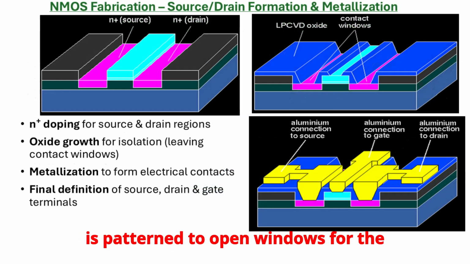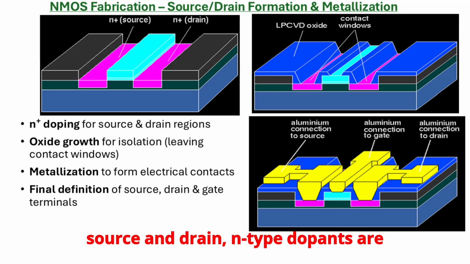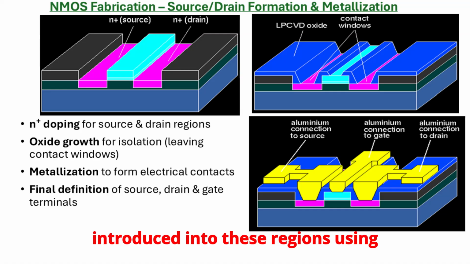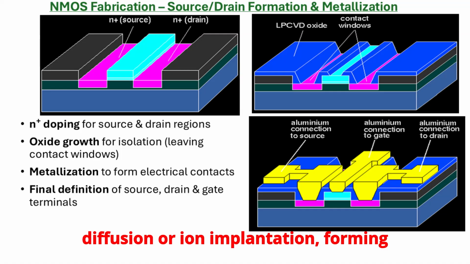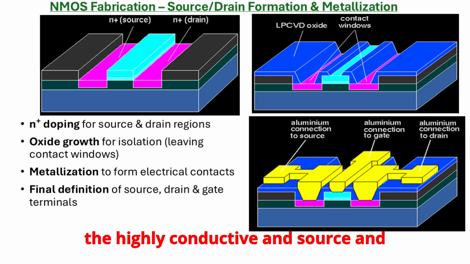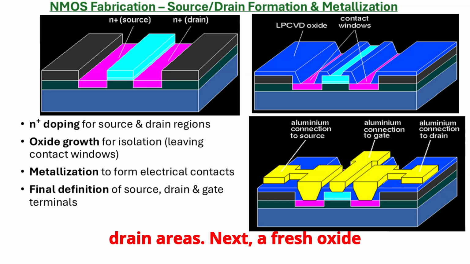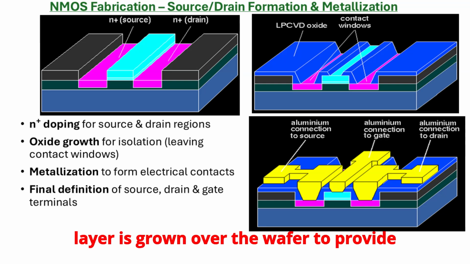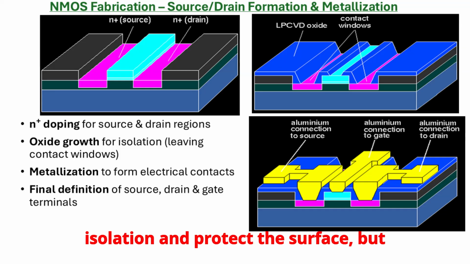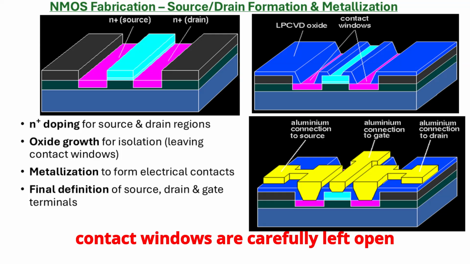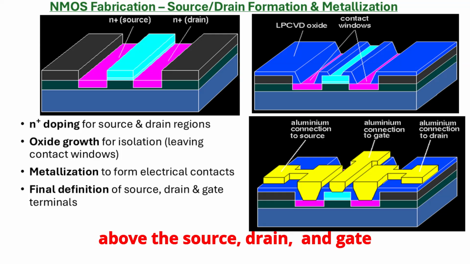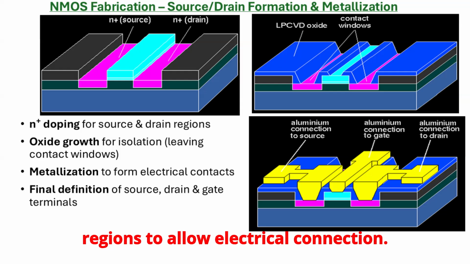After the gate oxide is patterned to open windows for the source and drain, N-type dopants are introduced into these regions using diffusion or ion implantation, forming the highly conductive N+ source and drain areas. Next, a fresh oxide layer is grown over the wafer to provide isolation and protect the surface. But contact windows are carefully left open above the source, drain, and gate regions to allow electrical connection.